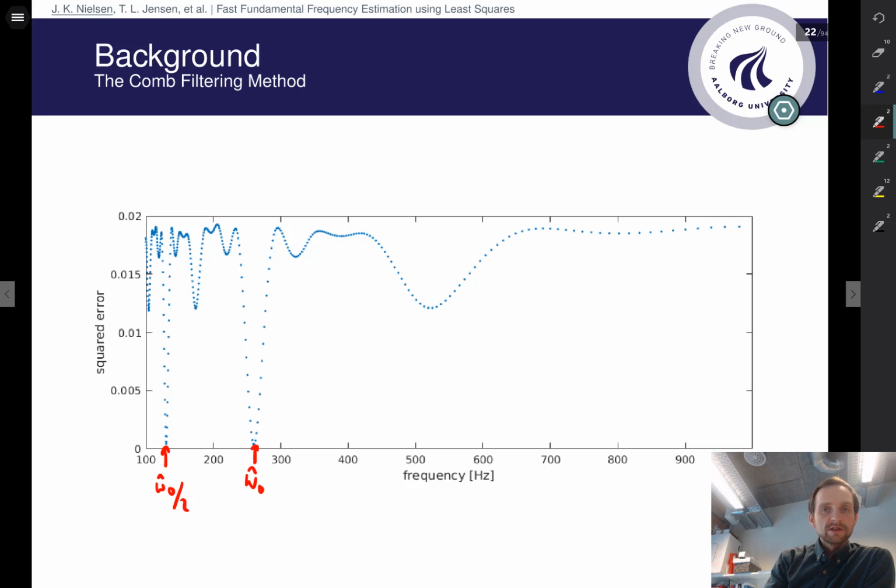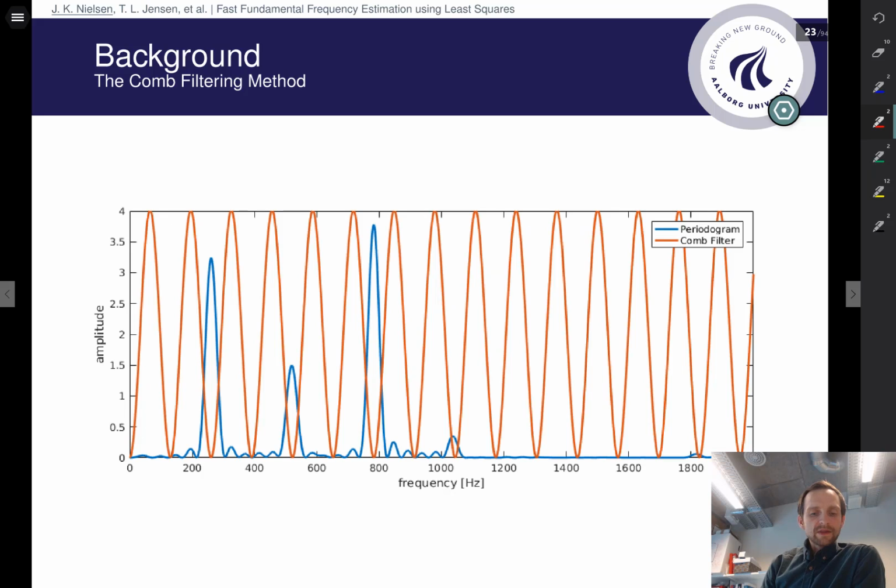So if this is 260 Hertz, this is only 130 Hertz. And this illustrates a very common problem for pitch estimation or fundamental frequency estimation, and that is pitch halving or octave errors.